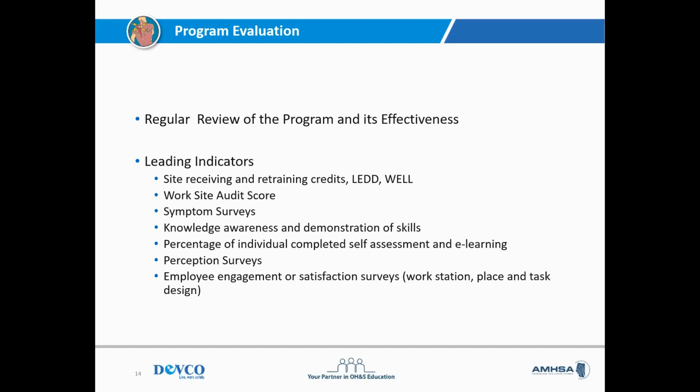Looking at audit scores. Symptom surveys are a really good way of getting a sense of where people are. As we'll talk about in a minute, when we've got claims, that's a lagging indicator, something has already happened.